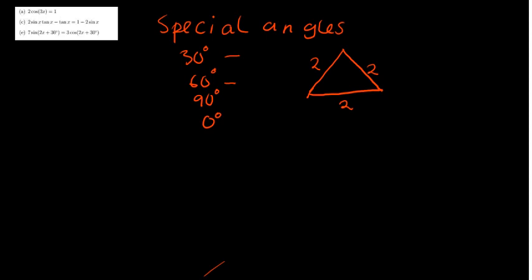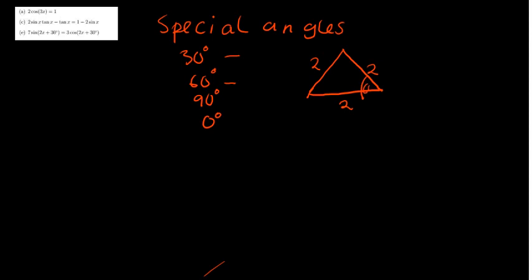Since the sides are equal, all the angles inside should also be equal. We know that a triangle is a polygon which has three sides, and the interior angles of a triangle should add up to 180 degrees. So each angle is 60 degrees.